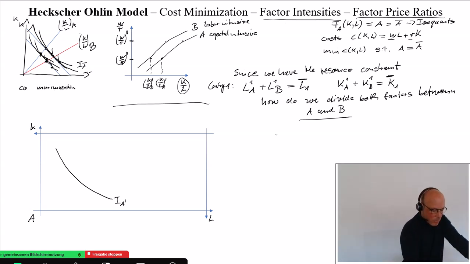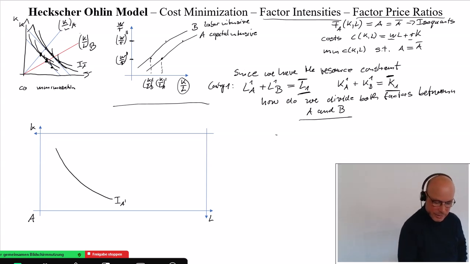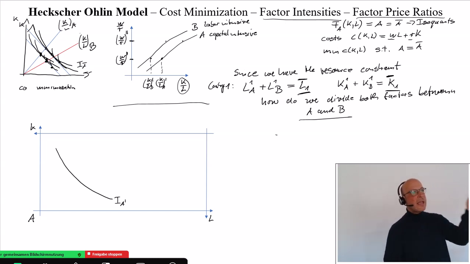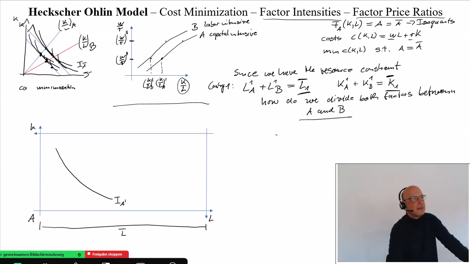And now we can argue, since we have our resource restrictions, that in the end the total amount of L which we can use is just our L bar. Nothing more is possible.